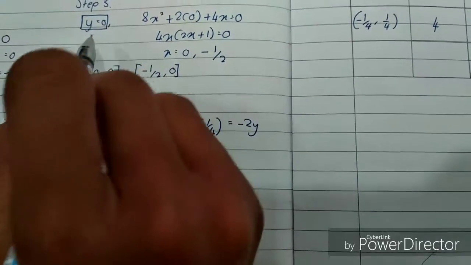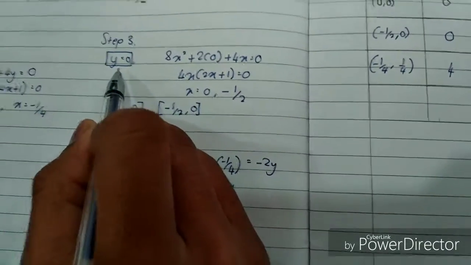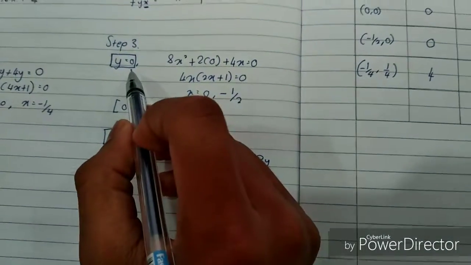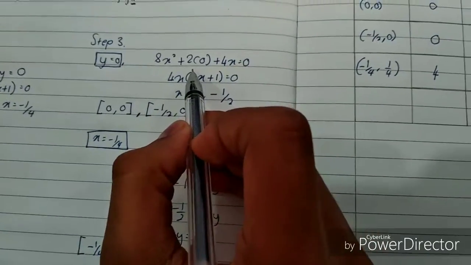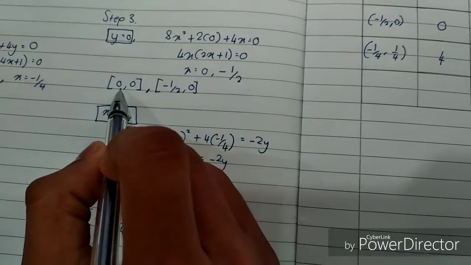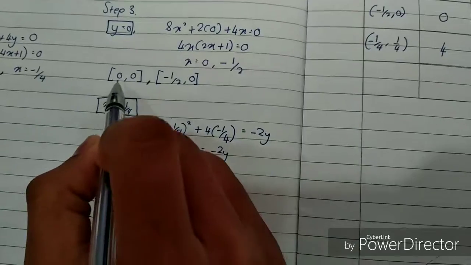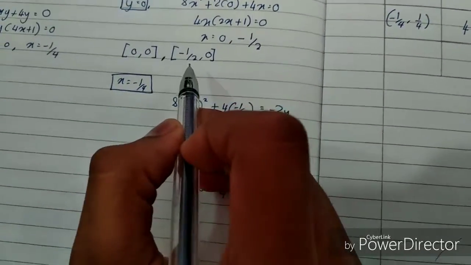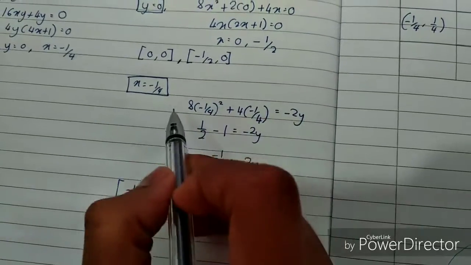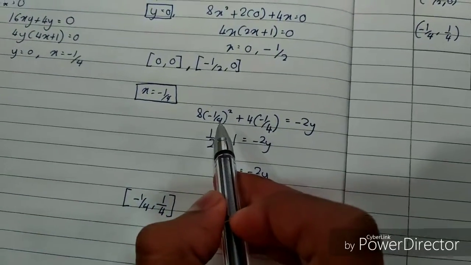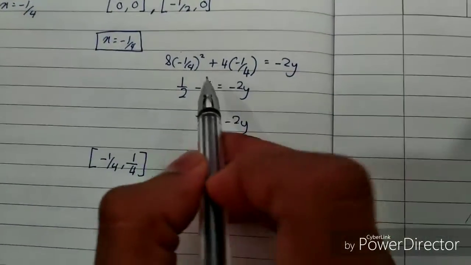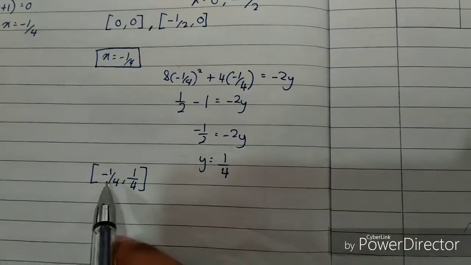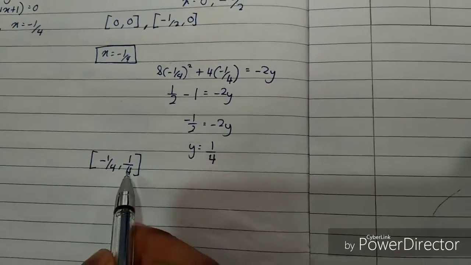In this question, we got y equal to 0 as a critical value. We substitute y equal to 0 into the equation fy, and we get 2 critical points: (0, 0) and (-1/2, 0). And for x equal to -1/4, we substitute into equation fy, and then we get (-1/4, 1/4).